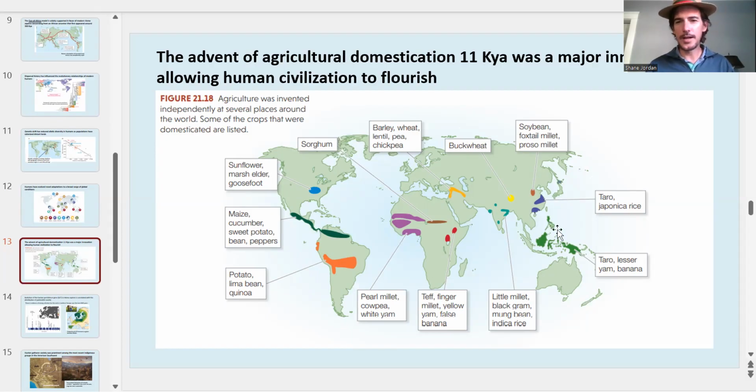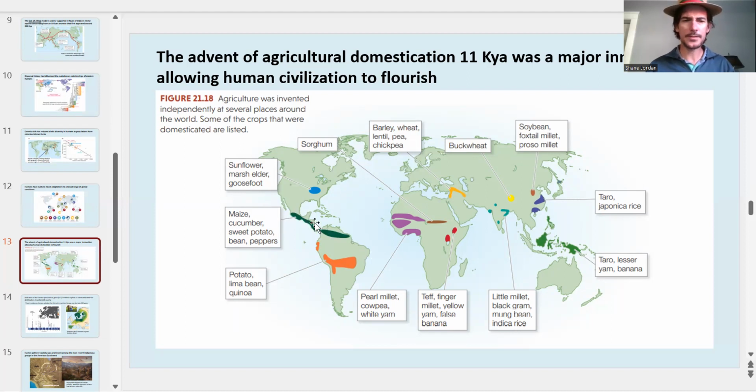We can think of rice as being one of the principal original agricultural crops in Southeast Asia, wheat being one of the principal agricultural crops to originally arise in the Middle East and spread throughout Europe, and maize being a principal agricultural crop in Central America that people are still dependent upon today for survival.